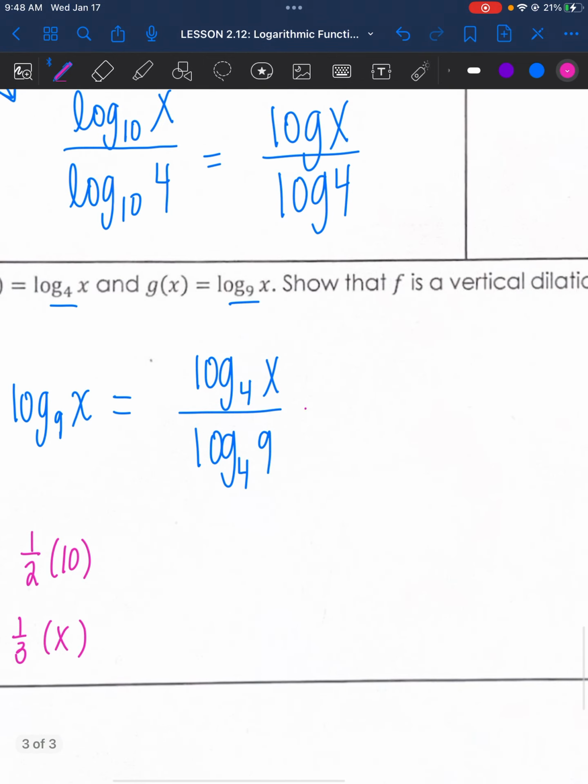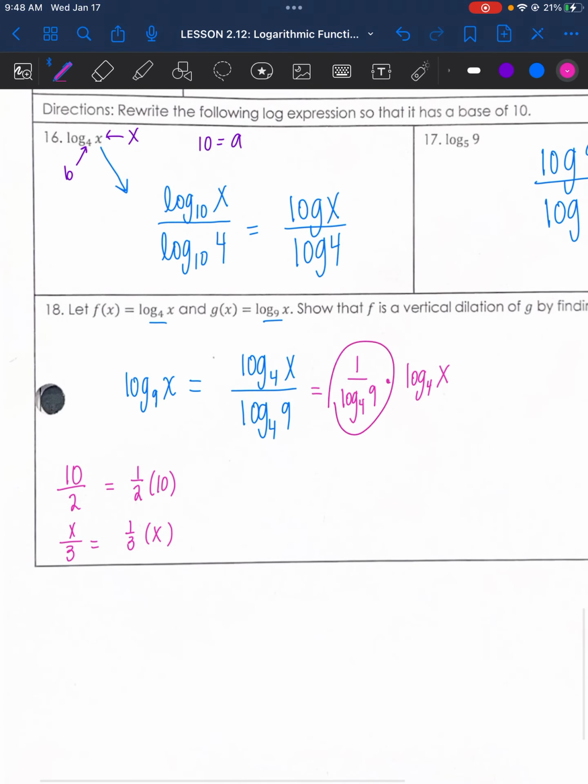So back up here, when you divide by log base 4 of 9, log base 4 of 9 is like 1.58. So dividing by that is the same thing as having 1 over log base 4 of 9 times log base 4 of x.